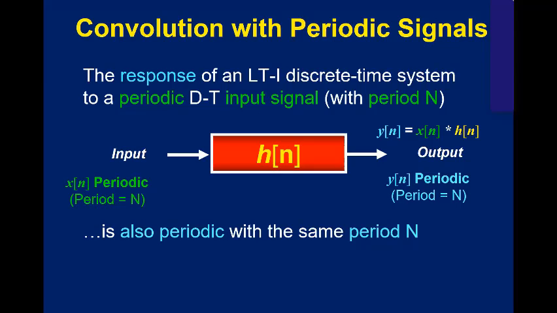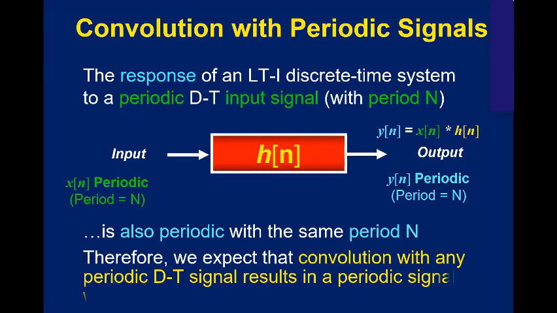We looked previously at what happens in the sampling process, and if I have a periodic continuous signal, does that end up in the discrete domain as a periodic signal? That's a whole other issue and question. Here we're working with a signal that's definitely periodic in the discrete domain, put it into a linear time invariant system, and what we're saying is it's a property of linear time invariant systems that you have to get a periodic signal out, and it has to have the same period.